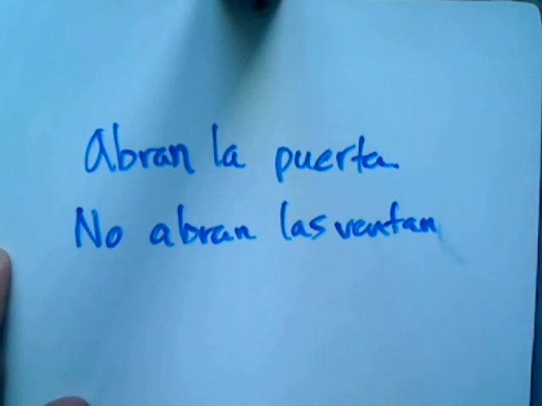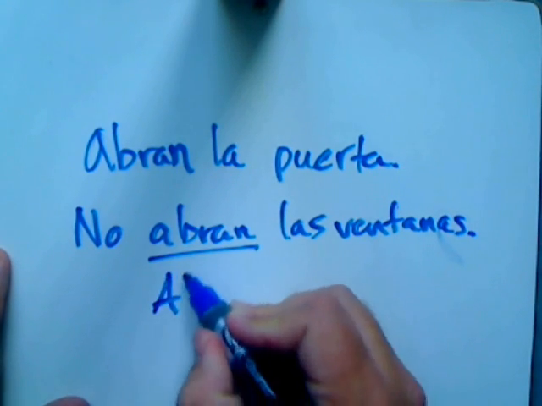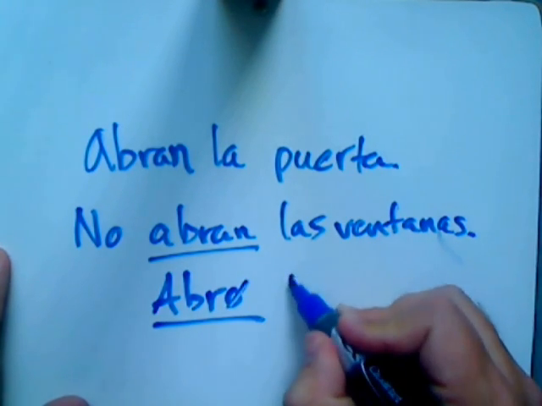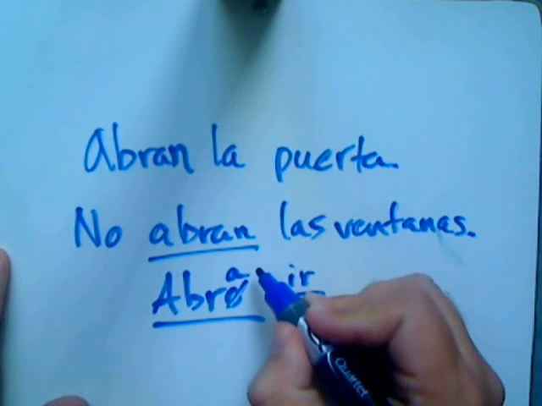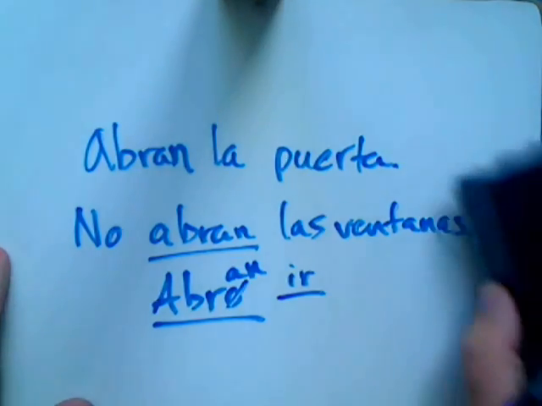No abran las ventanas. Again, these forms are coming from the yo form in the present indicative. Abro, since it is an IR verb, we're adding a or an to make it plural. No abran las ventanas. Remember, these are just for polite commands in the usted or ustedes form.